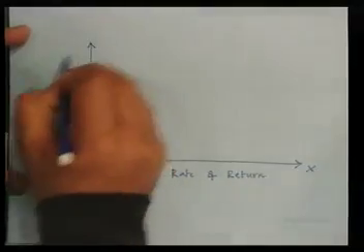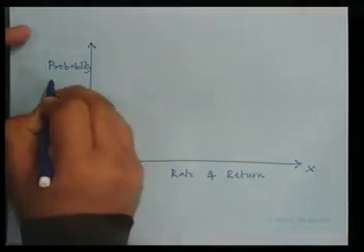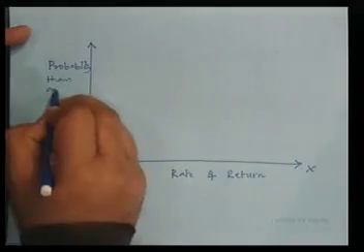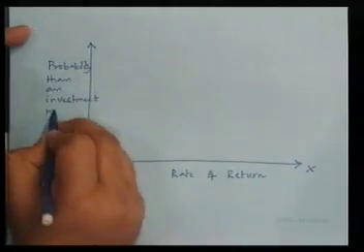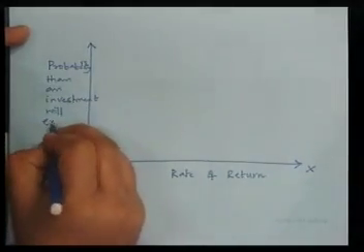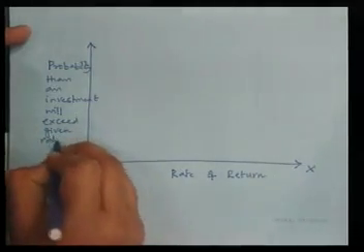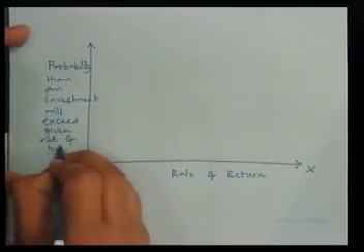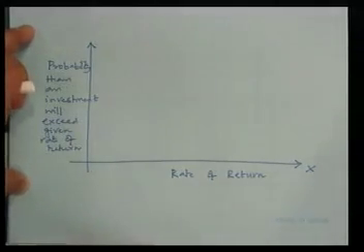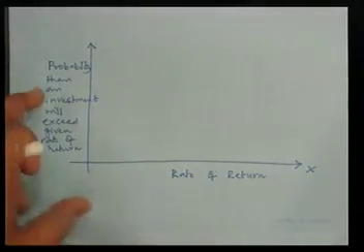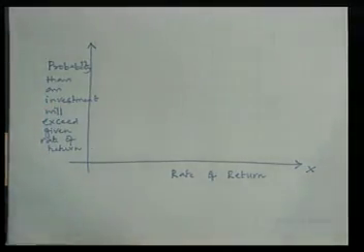On the y axis, I have the probability value, the probability that an investment will exceed a given rate of return. So, this is what we have on the y axis.